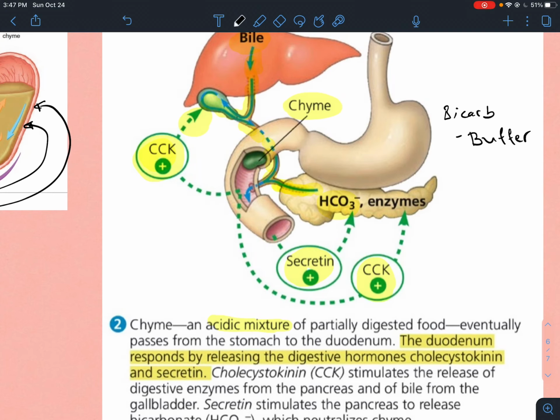That bicarb buffer is going to come in through that pancreatic juice and neutralize that chyme in order to protect the duodenum so we don't burn through the tissue of the duodenum.